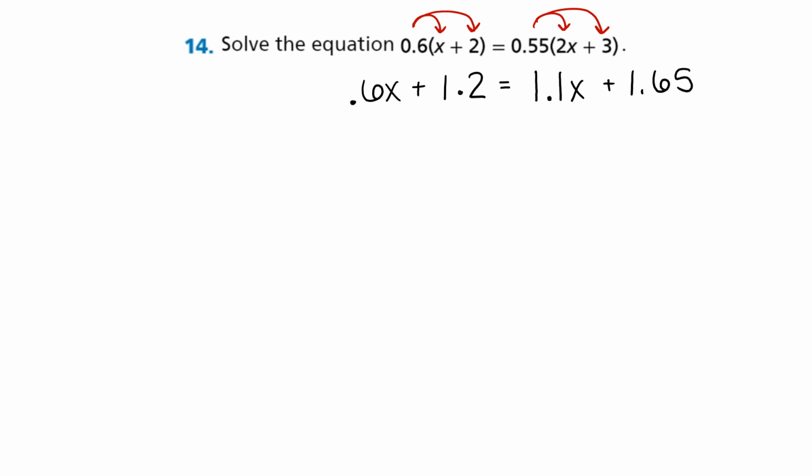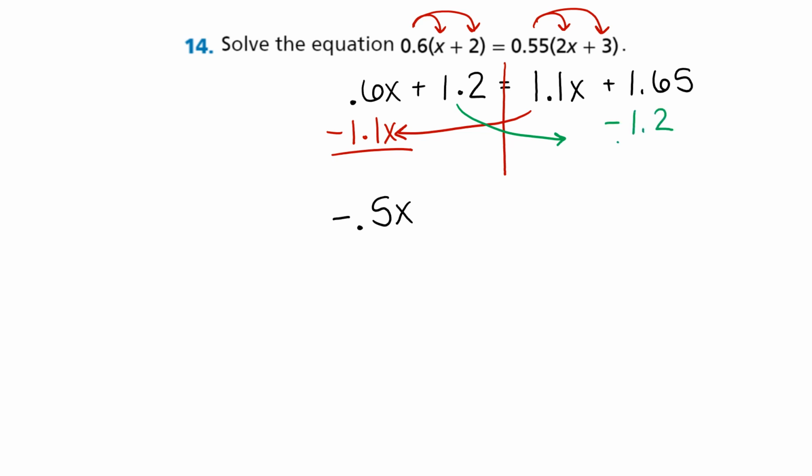Combining our like terms, the 1.1 would turn into a negative 1.1. So on your calculator, you would do a 0.6 plus the negative 1.1, which is negative 0.5. You could also move the positive 1.2 to make it a negative 1.2.